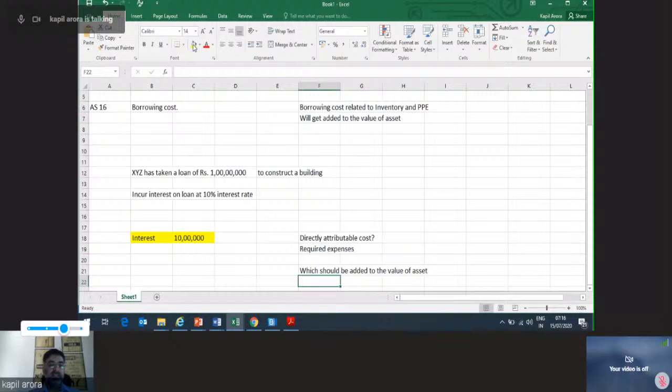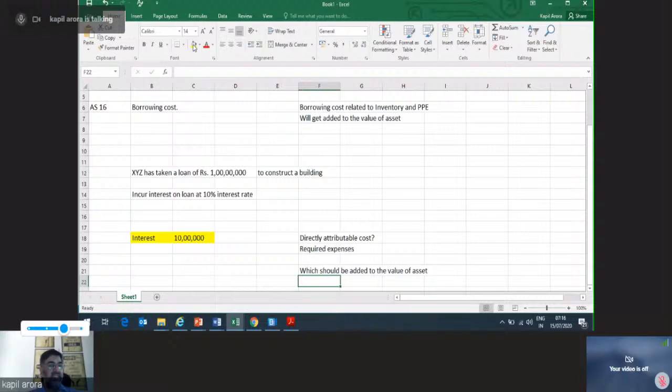to the value of the asset? Right? Here we have a loan which we are paying. Can we consider this loan as a directly attributable expense or not? If it is directly attributable, it means it should get added in the value of the asset.